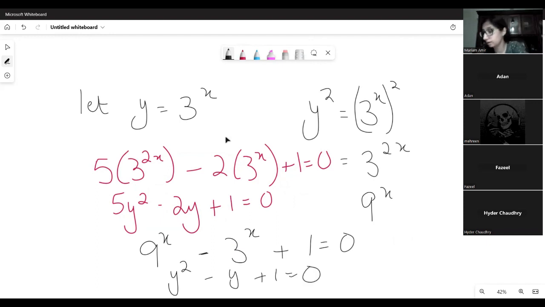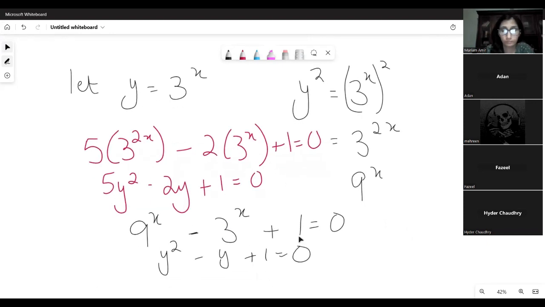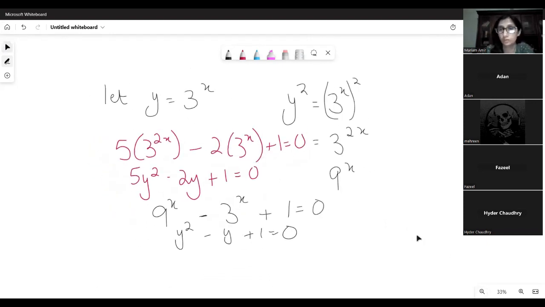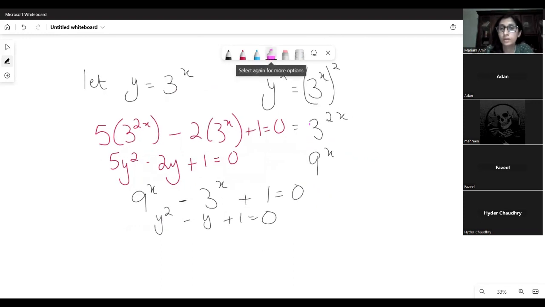Keep an eye out for that. It can be 9 power x and it can also be 3 power 2x. 3 power 2x is a little more obvious than 9 power x, but the equation can come in any form.